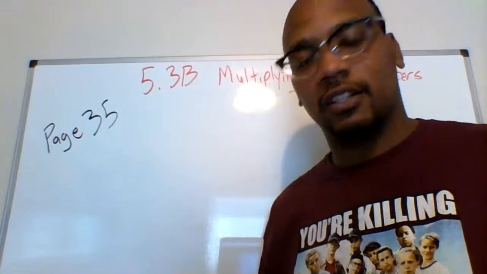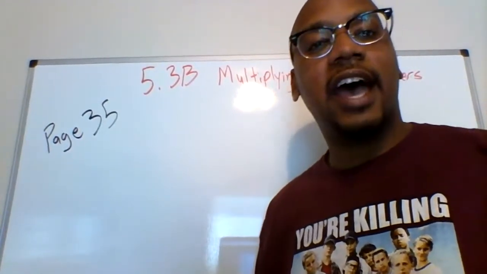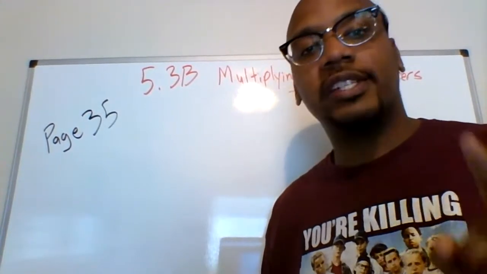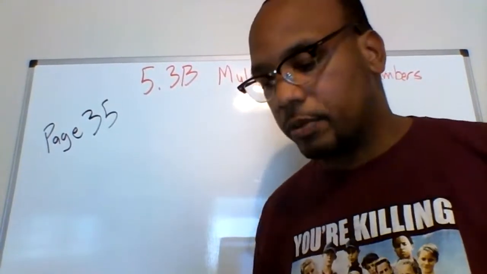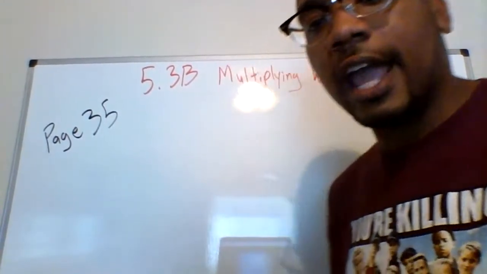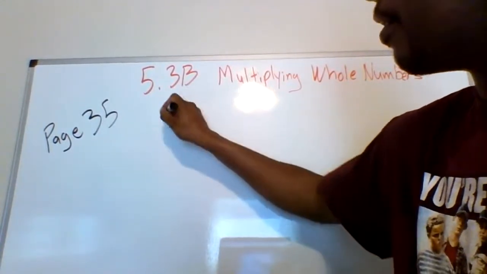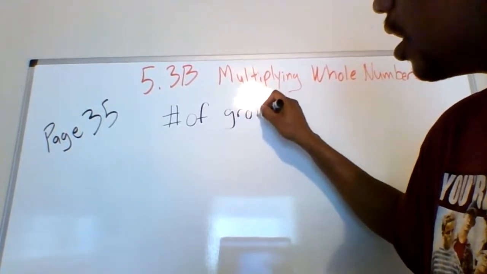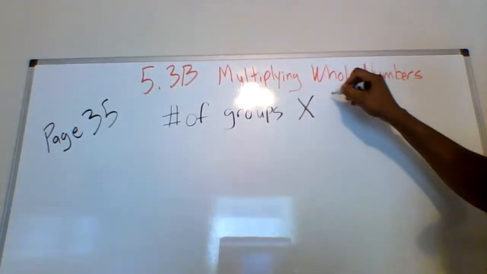Hola, Andrea. So, there are 26 classrooms. There are 108 tiles in each one. That creates a multiplication problem. In a multiplication problem, you have a number of groups times how much.